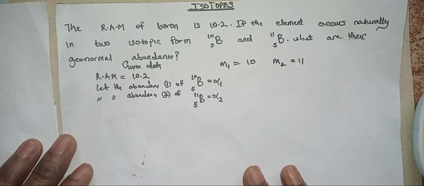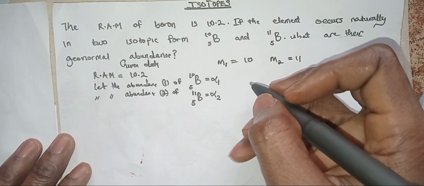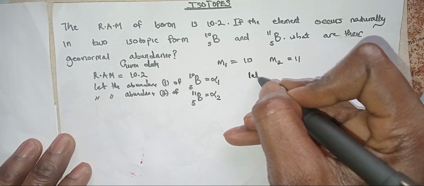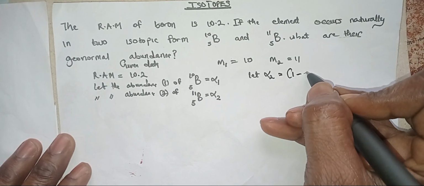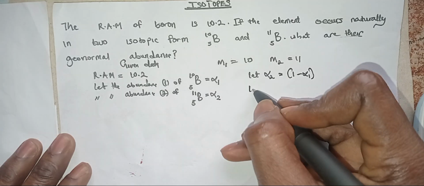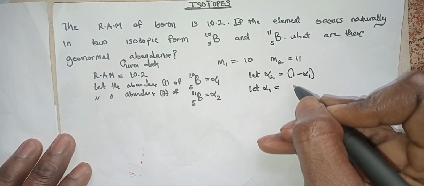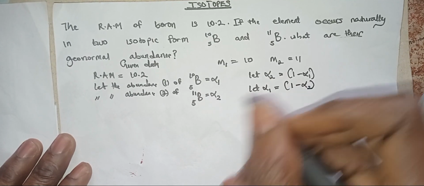So now we are not given any percentage for the two. Abundance is measured in percentage. So anytime we want to solve for abundance 1, we let abundance 2 be equal to 1 minus abundance 1. And anytime you want to solve for abundance 2, we let abundance 1 be equal to 1 minus abundance 2.